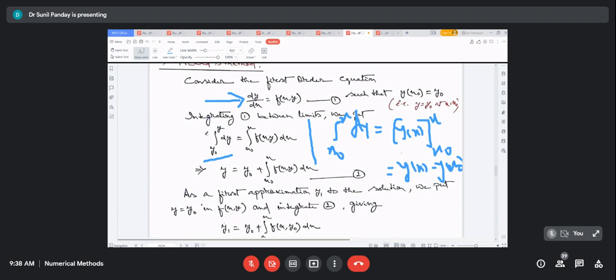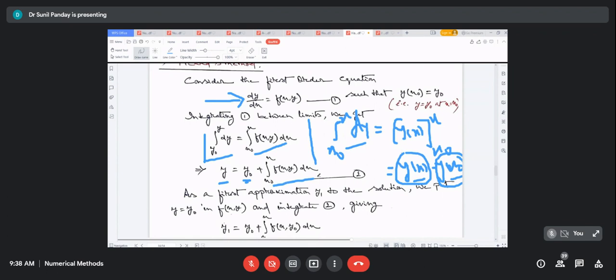So on this left part, you are integrating with respect to x within the domain of integration x naught to x. So y goes from y naught to y, and you will get on the left side y of x minus y naught. y of x can be rewritten as y, and y of x naught is y naught, which we take to the right side, and the right side remains the integral from x naught to x of f of x y dx.